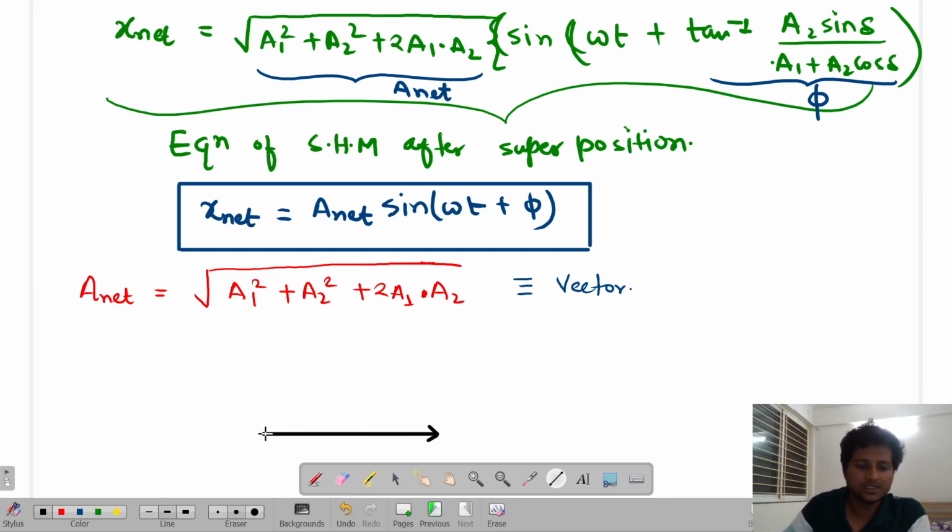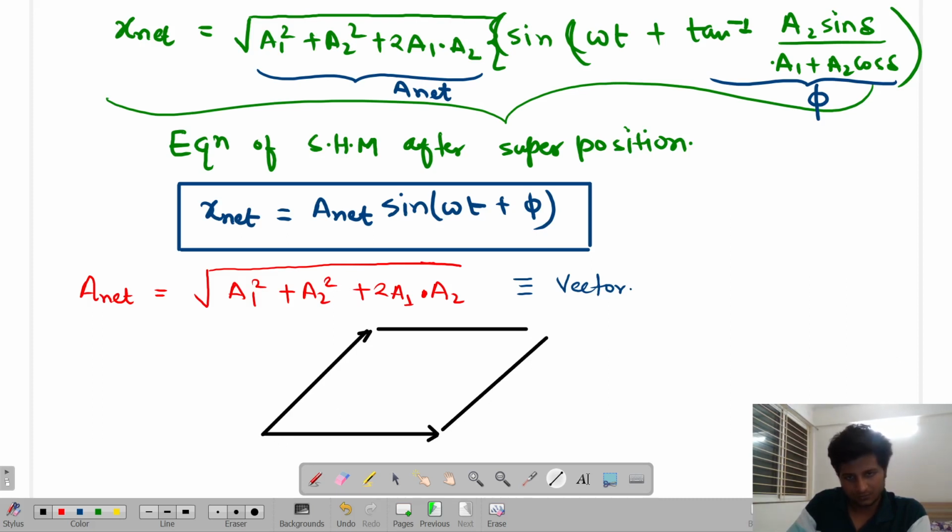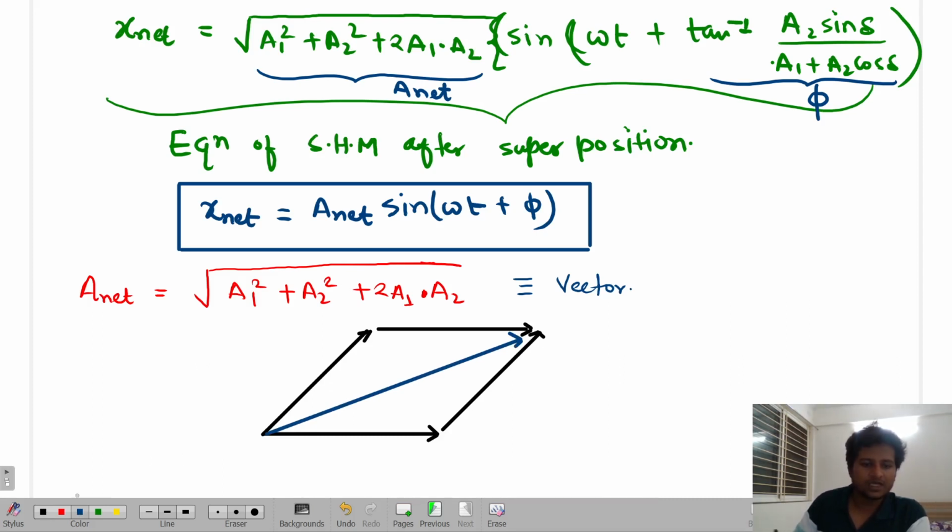One of the amplitudes is at the base, another amplitude is inclined over here. Then the resultant amplitude can be calculated using the parallelogram law, isn't it? So the resultant amplitude will follow this path, where the question arises that which amplitude you are going to put on the base.